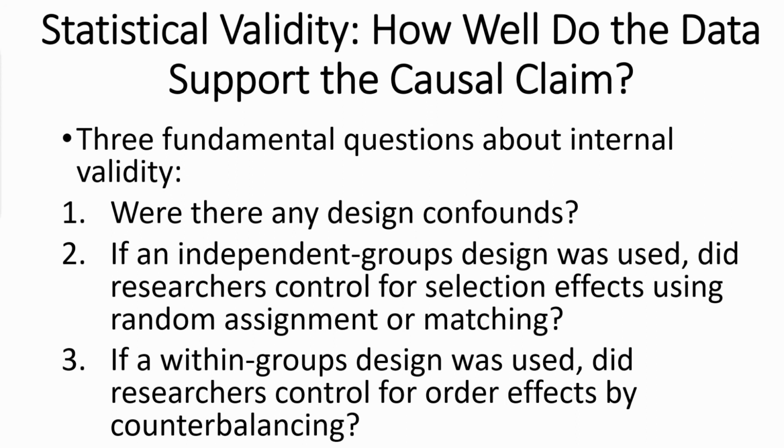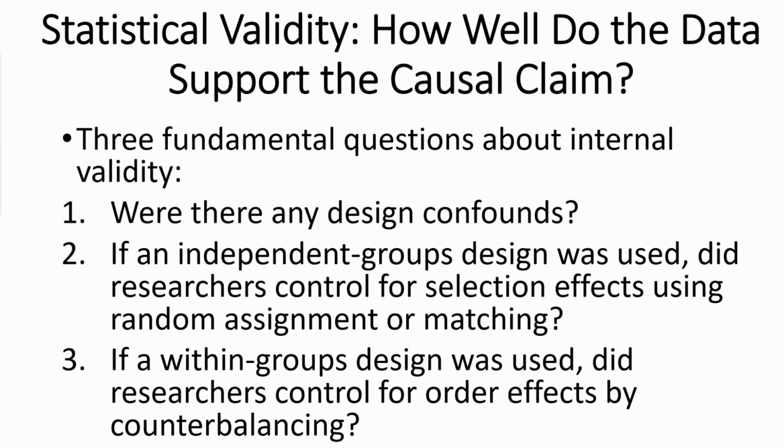Second, if an independent groups design was used, did the researchers actually control for selection effects? So did they use random assignment or matching to make sure that there wasn't any systematic variability in the participants that were assigned to each of the 2 groups?